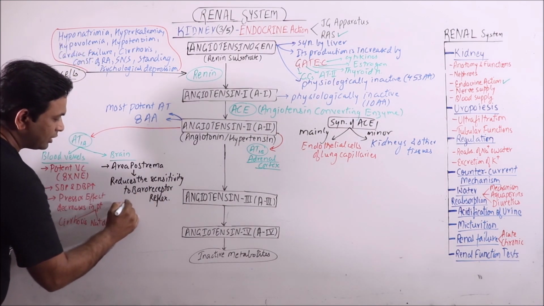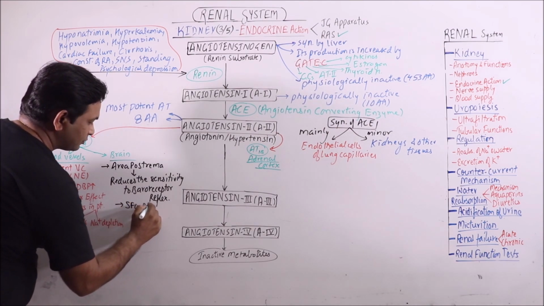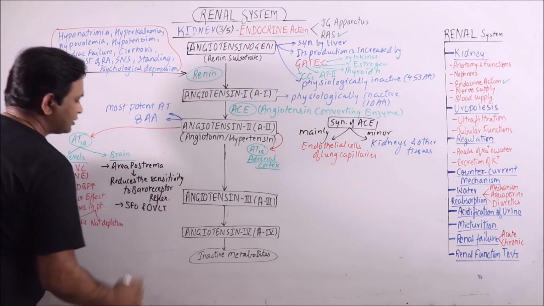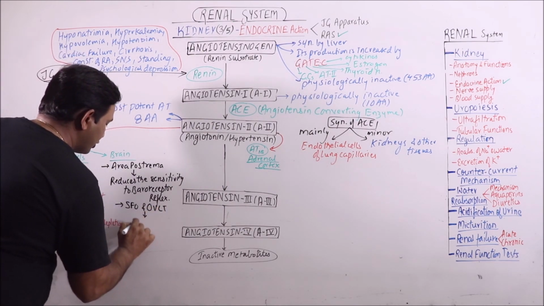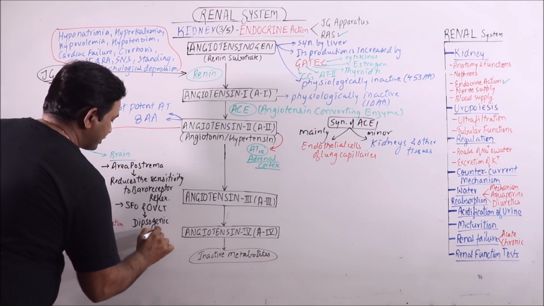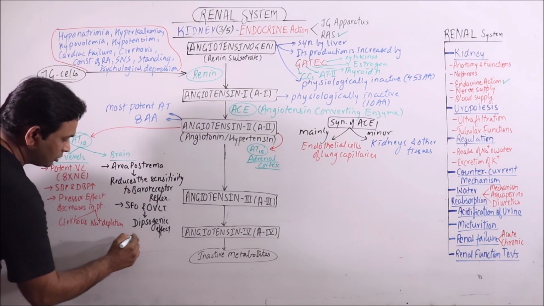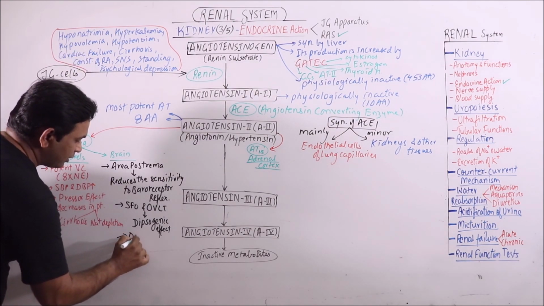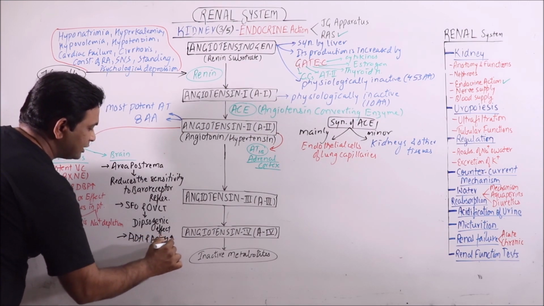Then it acts on subfornical organ and OVLT, that is organum vasculosum lamina terminalis, to produce dipsogenic effect. It also increases the release of ADH and ACTH.